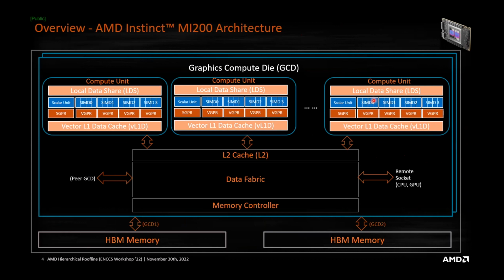And within a compute unit, we have our local data share, our shared memory. We have our scalar unit and registers, our vector units and registers, and L1 data cache. All of our compute units will meet up in the L2 cache. Then we have our data fabric for accessing our peer GCDs, other GPUs, CPU. And then through our memory controller, we finally reach out to our global memory, or our HBM memory. So that's something to keep in mind when we step through some of these hierarchical roofline plots. When we look at some of the data points and arithmetic intensities, keep in mind this specific hardware.